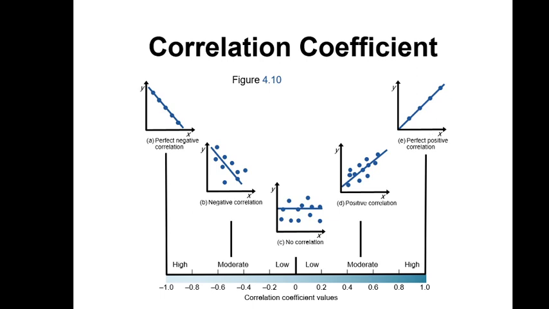If it's exactly 1, imagine it's a perfect relationship. On the other hand, on the left side, if the coefficient of correlation is exactly -1, then we also have a perfect correlation, but it is a perfect negative correlation.